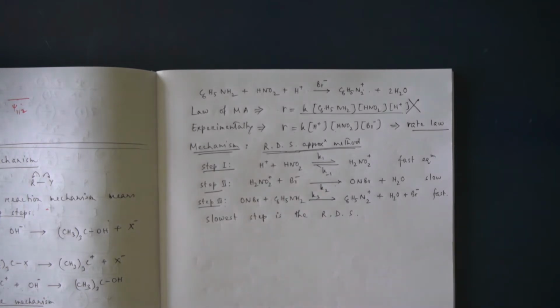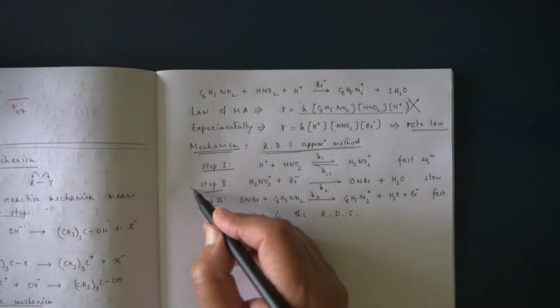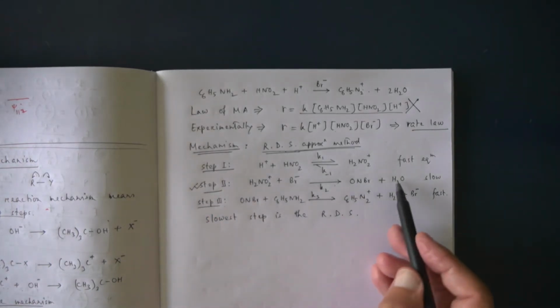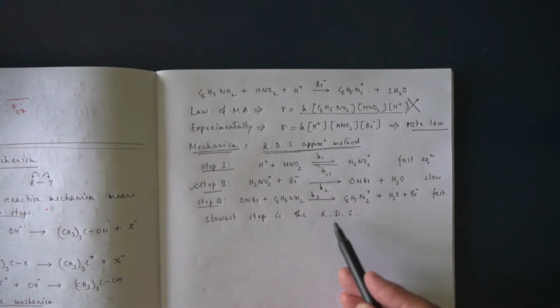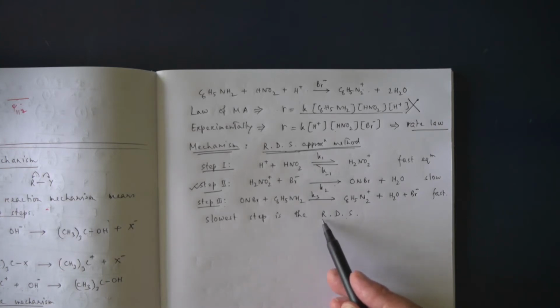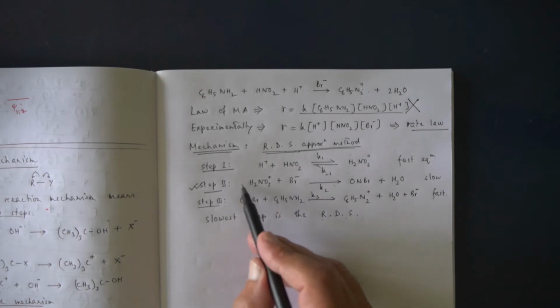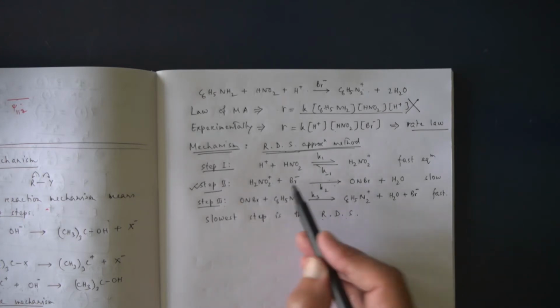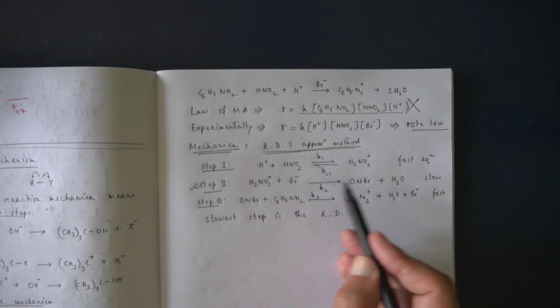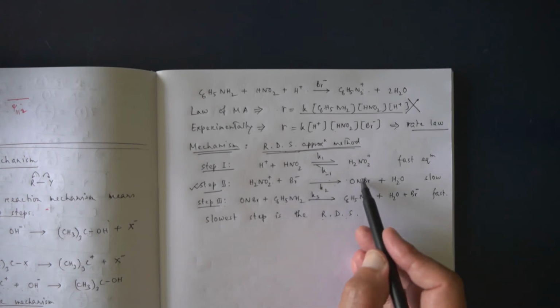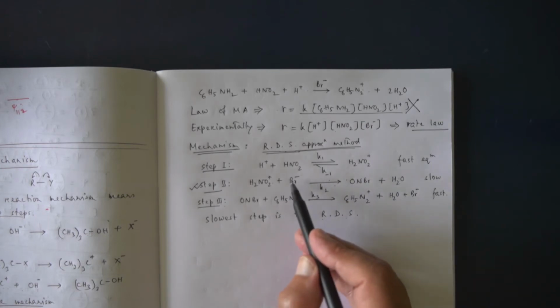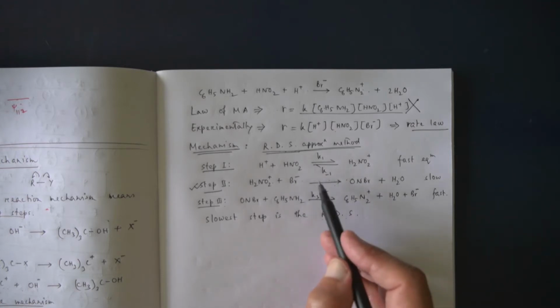Here, this is the slowest step, so this is the rate determining step. What does it mean? That means the speed of this reaction is equal to the speed of the overall reaction.